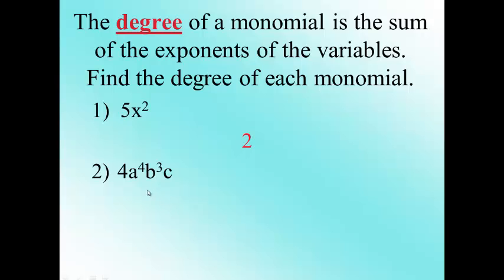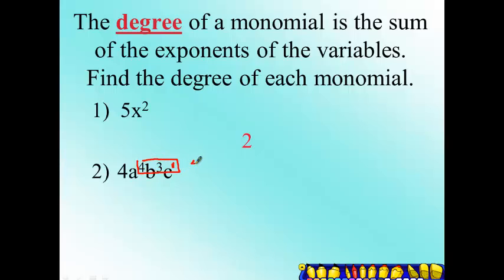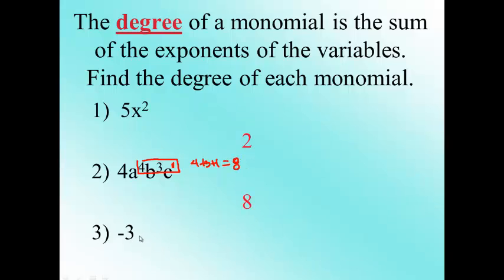If we have more than one variable, the degree of the monomial will be the sum of the exponents of the variables. So the degree of 4a^4b^3c^1, we have to add all the exponents. So 4 plus 3 plus 1 will give us 8. Last example, if we have a constant, the degree of a constant is equal to 0.